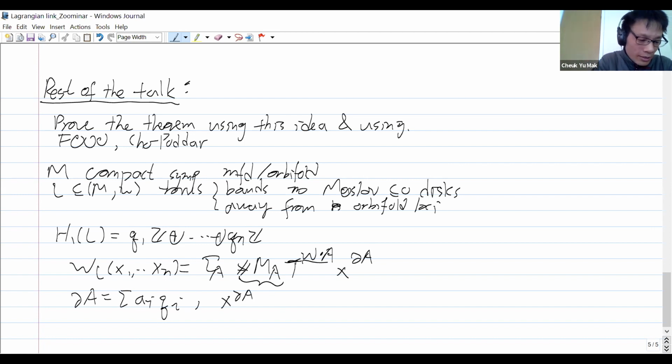X to the power A is the product of x_i to the a_i.